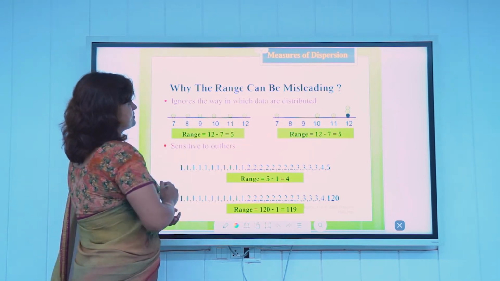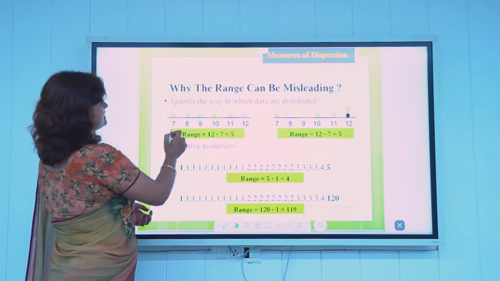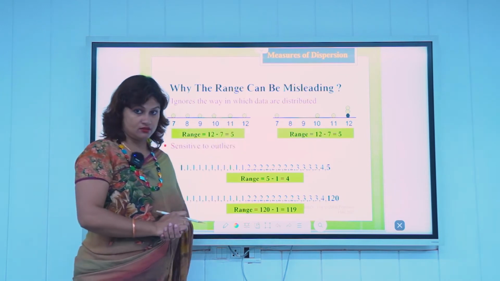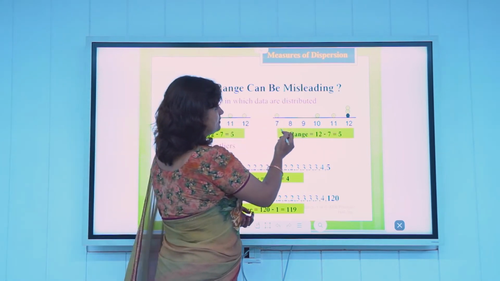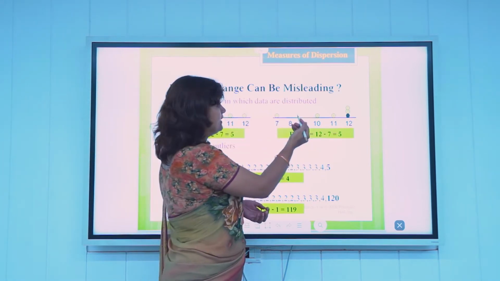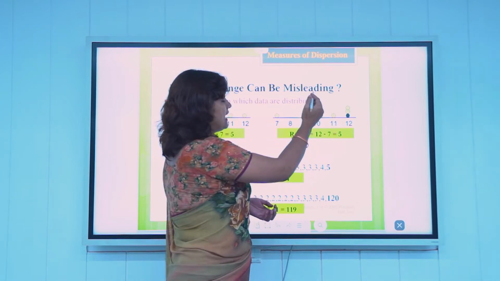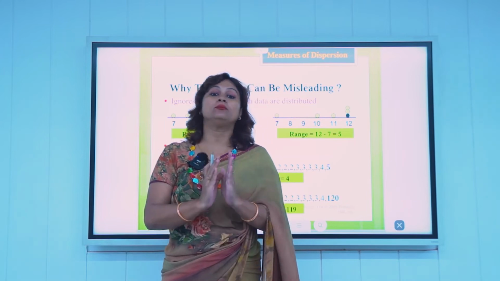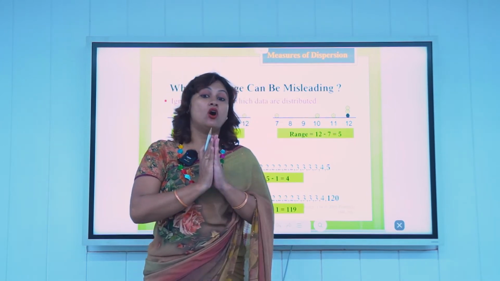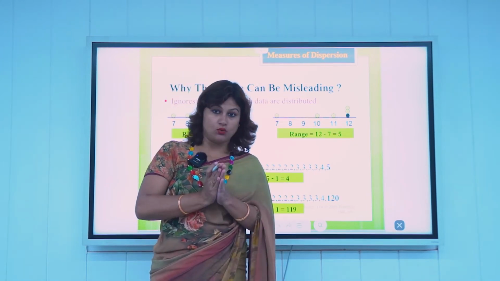You can see in the first case, I have taken 7, 8, 9, 10 and 11 once only. In the second case, I have taken 7, I have skipped 8 and 9, and instead of 8 and 9, I have taken 12 three times. Why? Because I want to keep the number of entries of the data set equal.